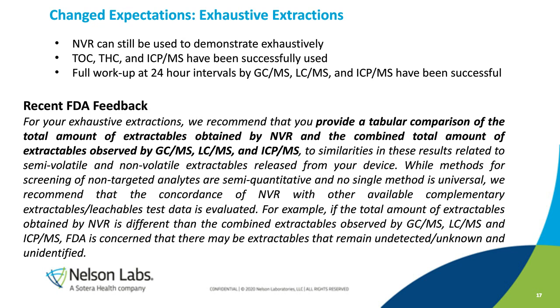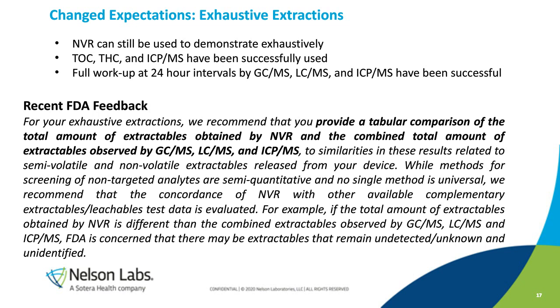That's a more burdensome approach in terms of analytical chemistry, but it's scientifically quite a lot higher quality. If you do that carefully, you can get 2 birds with 1 stone, because you can demonstrate the exhaustiveness and generate the same quality of data you need for a toxicological risk assessment at the same time. So even though it's more work, you can save some time that way, as opposed to doing NVR followed by an extractable study.